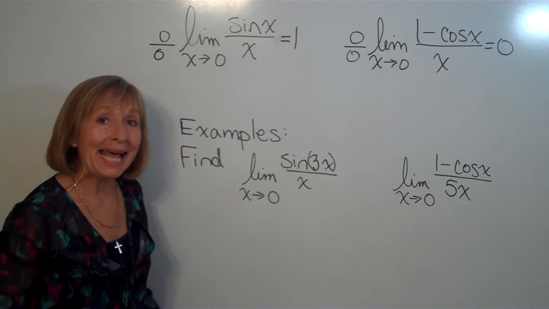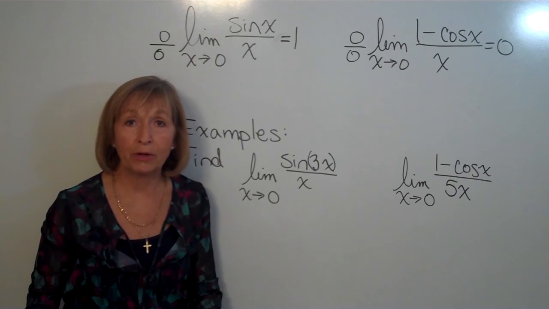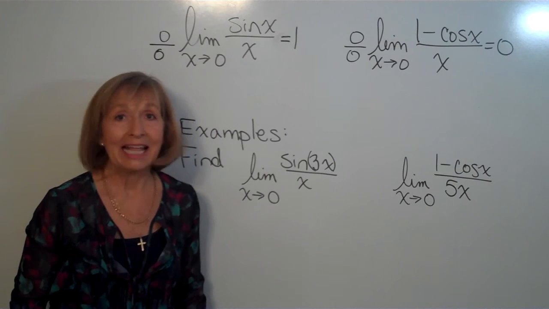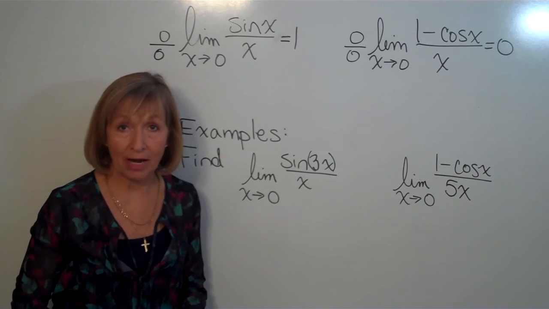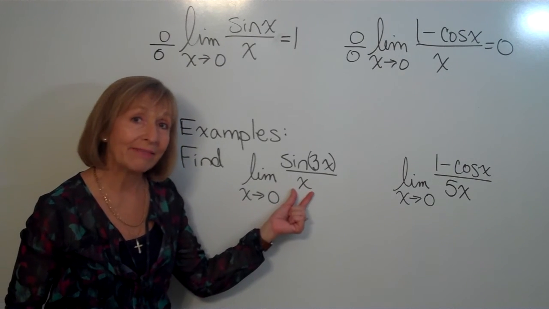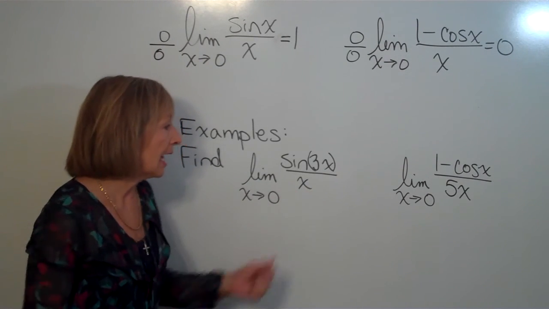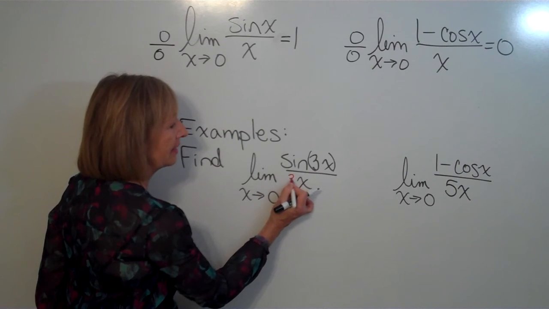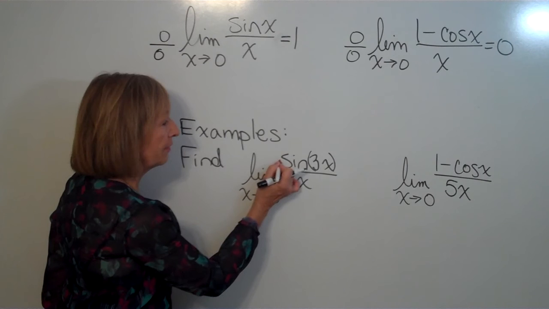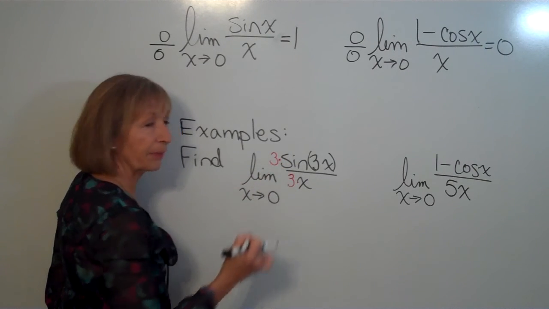Now, I cannot pull the numerical coefficient of the angle out in front of the trig function. That is not an equivalent process. But what I can do, since the denominator doesn't have an action on the variable, is multiply that denominator by 3. And if I do that, I have to be fair and multiply the numerator by 3 as well.